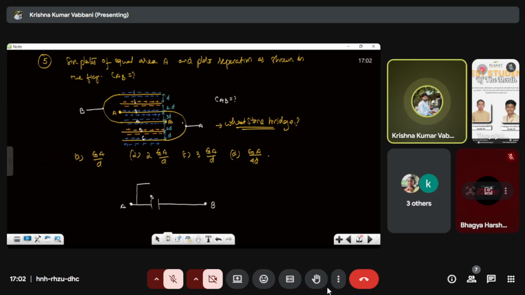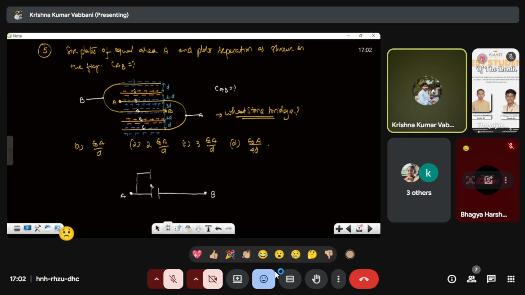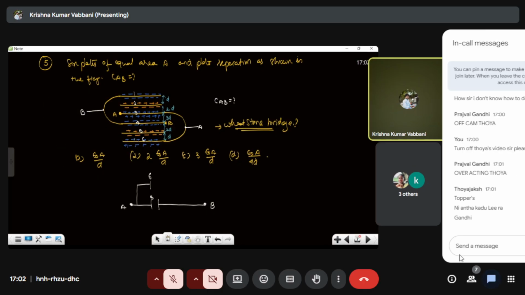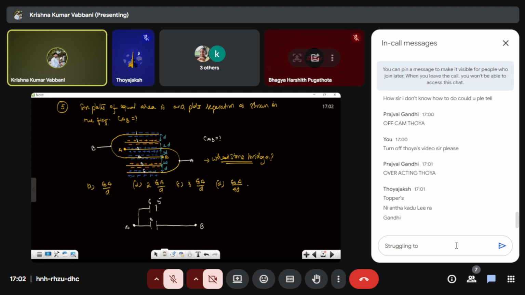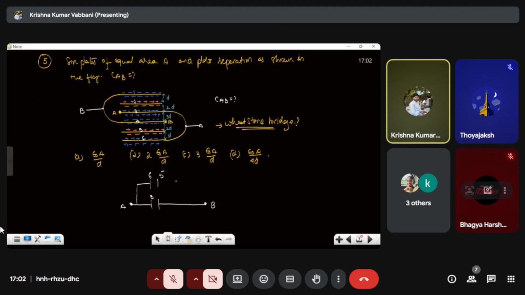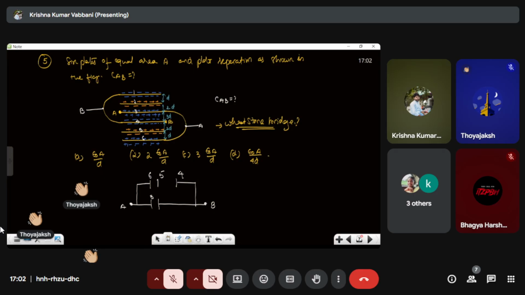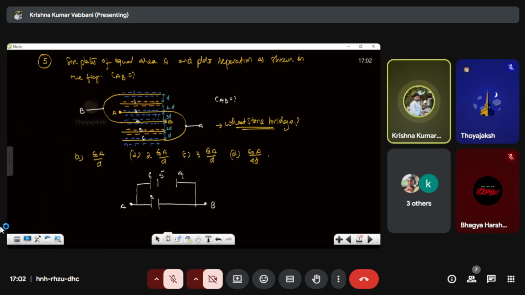Let's take the plate 6, which is parallel to plate 5. Yes. Okay, and plate 5 is parallel to 4, and 4 is connected to B, sir. Let's not take this one also. Okay, so let's take another one.